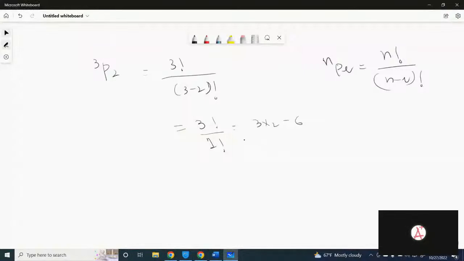The next one is 4P3. So you have to do 4 factorial divided by (4 minus 3) factorial. 4 factorial is 24, and 4 minus 3 is 1. So it would be 24. Got it? Just select the correct option and then click on the OK button.